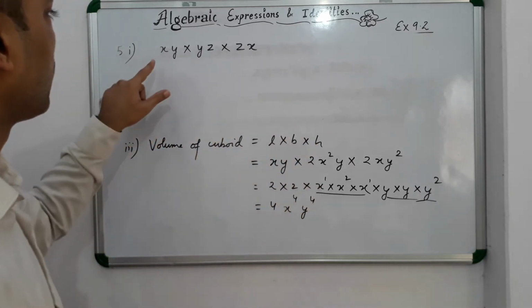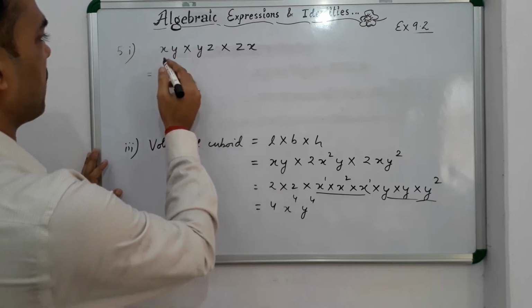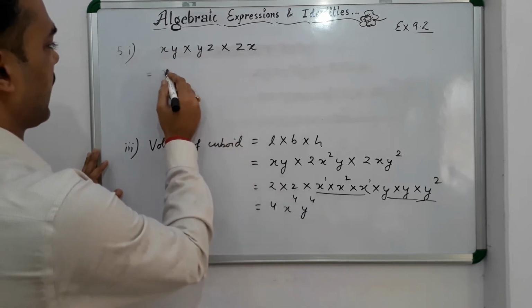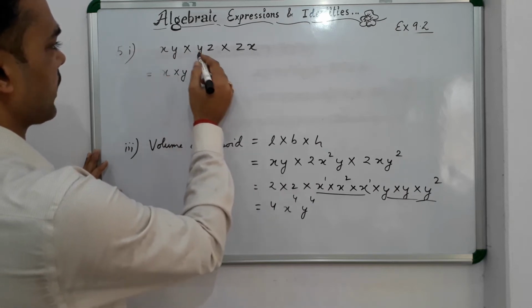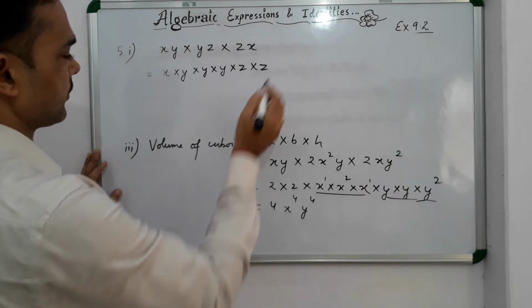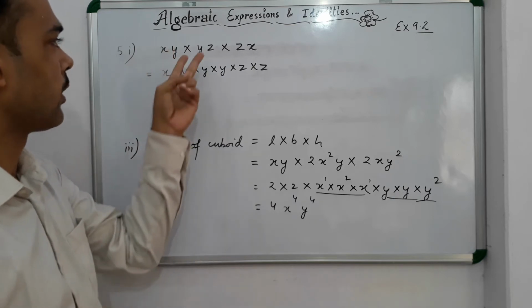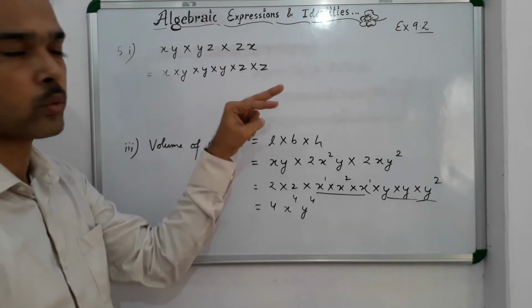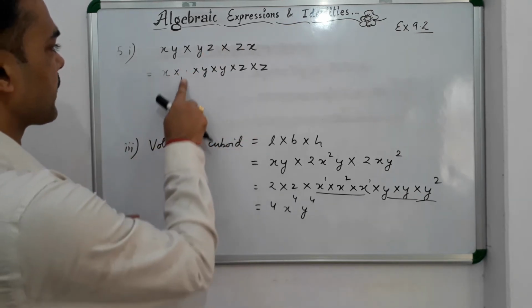Now we will multiply them: x into y into y into z into z into x. I have written all the terms: xy means x into y, yz means y into z, zx means z into x. So I have brought all of them together.